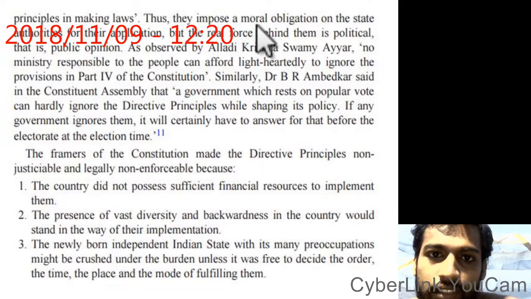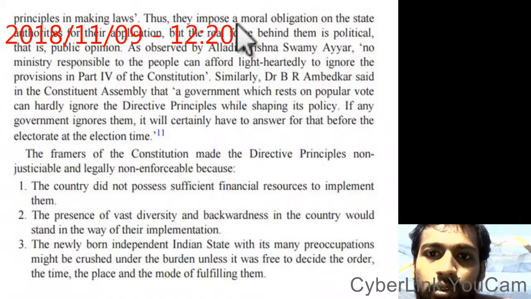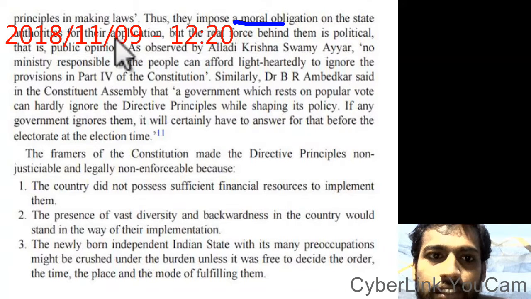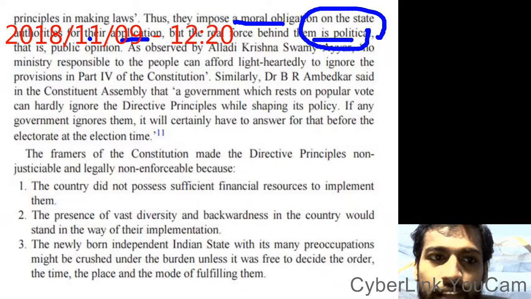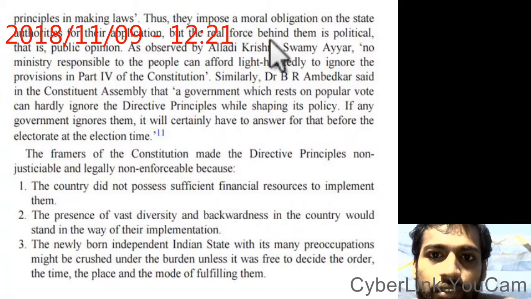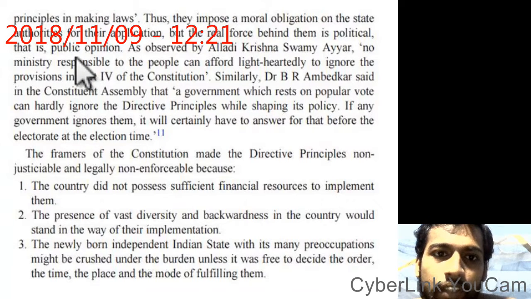Sir B.N. Rao also describes that they impose a moral obligation on the state authorities for their application, but the real force behind them is political. Not economic, not others: the real force is public opinion.